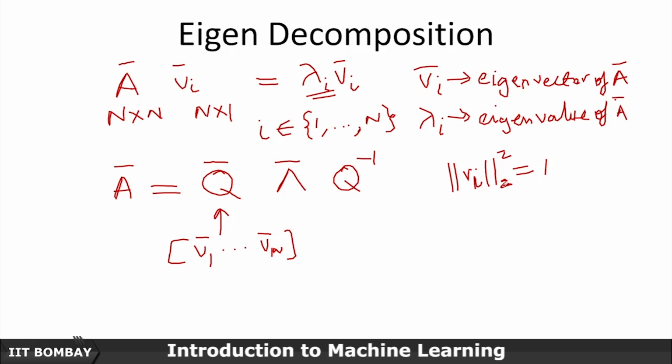So that basically takes into account the ambiguity by the scaling factor. So now your eigenvalue is defined in a standard way, where the eigenvector is a unit vector.